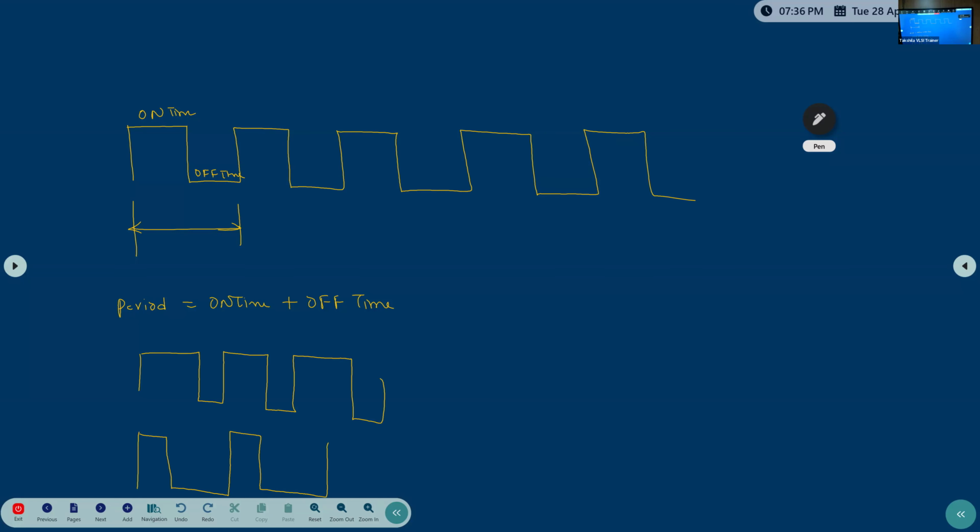So now the next thing is duty cycle. What does duty cycle mean? T on by T on plus T off. This is the duty cycle.